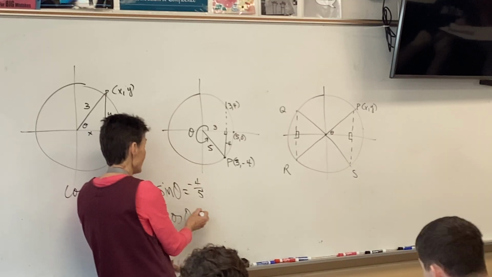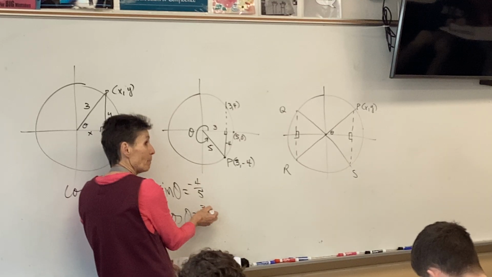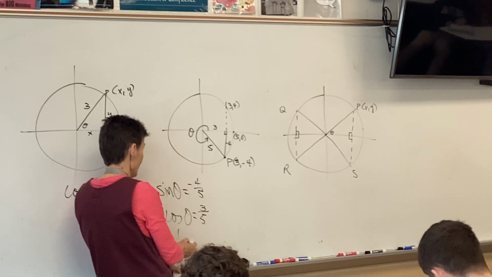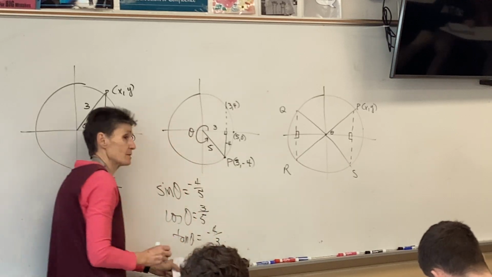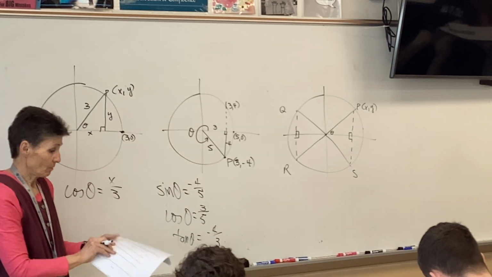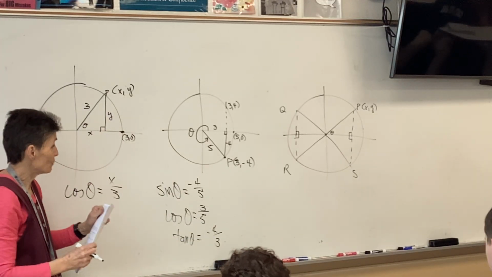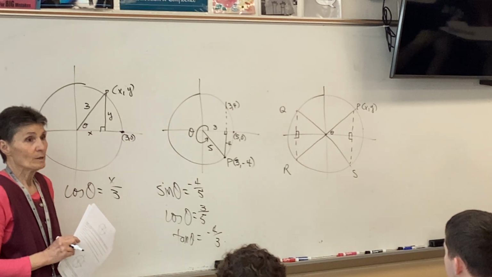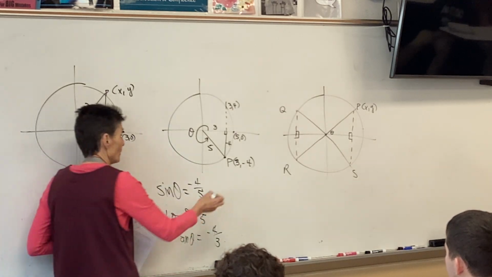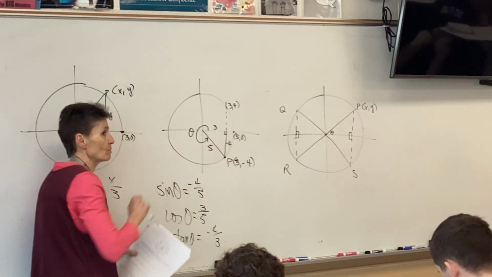And the cosine is positive 3/5. And the tangent is negative 4/3. Now, what did I do there that confused you? Is anybody confused by that? We know our definitions. We've got our x, our y, and our r, so it's just a plug in.